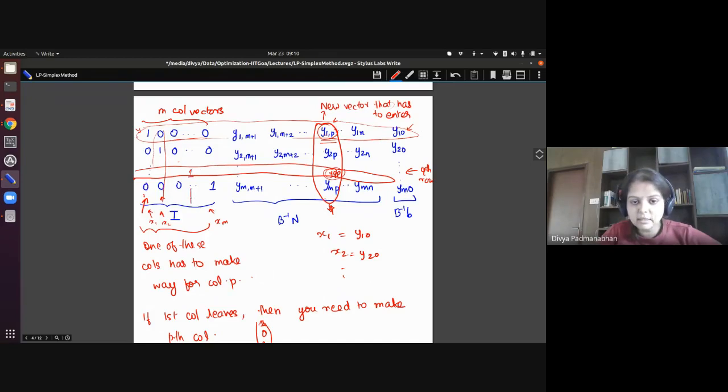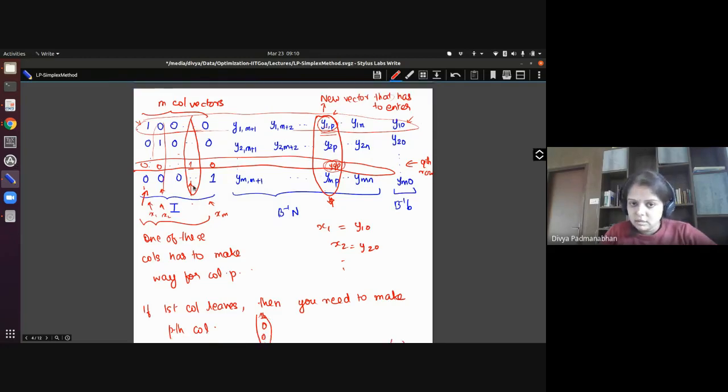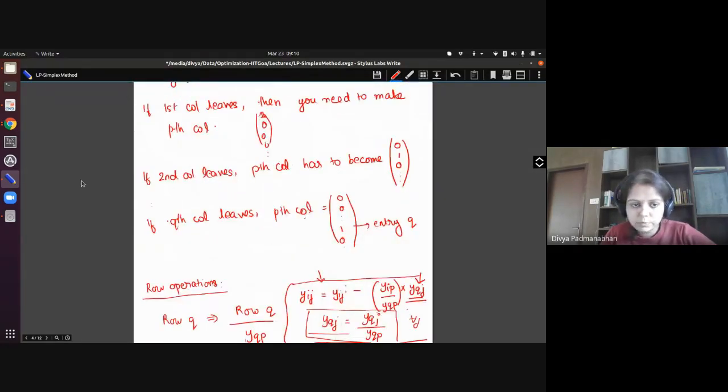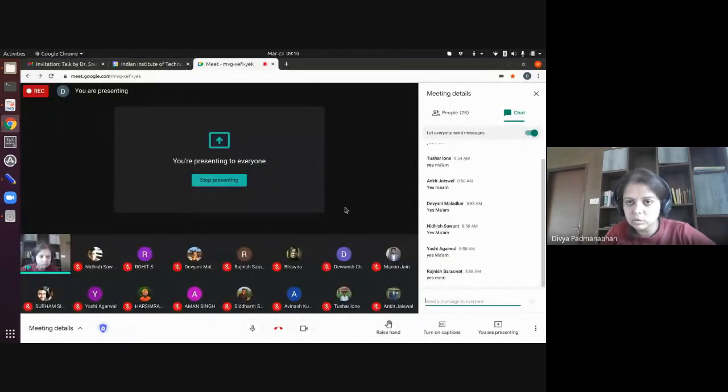If this is the qth column that's going to leave, it will affect only this column, which is anyway going to leave the system. All other columns will not change because you're going to have zeros here. Yes, ma'am, got it. That's a good point. I hope this much is clear. Any other questions on it?